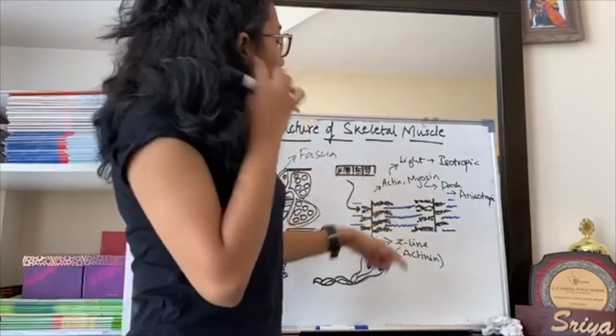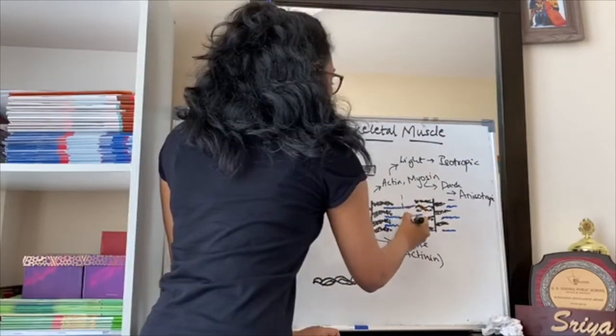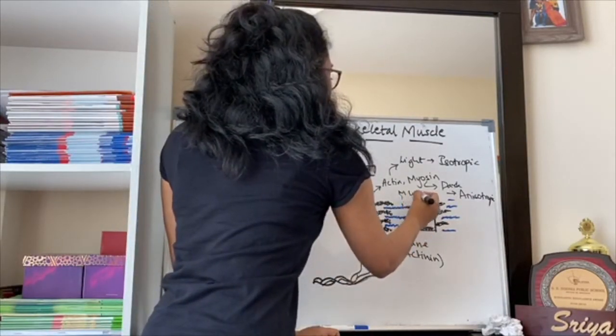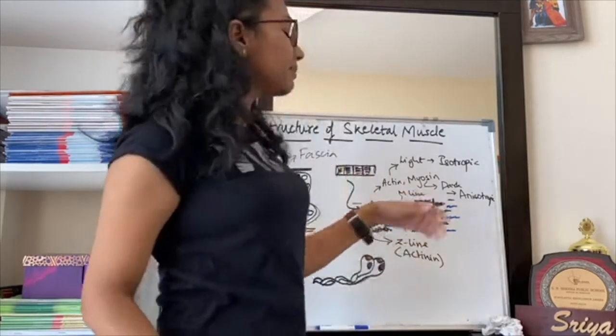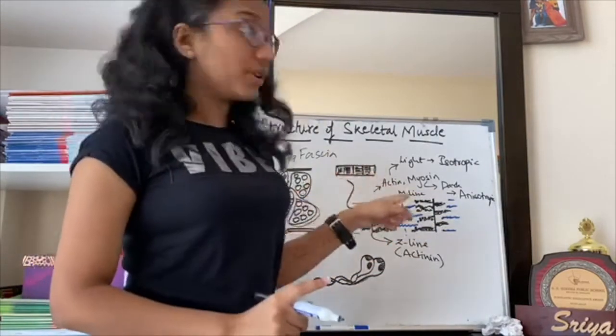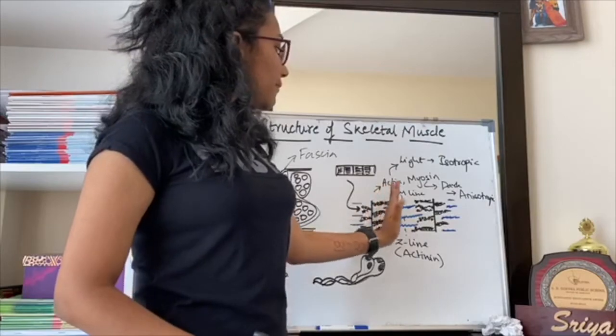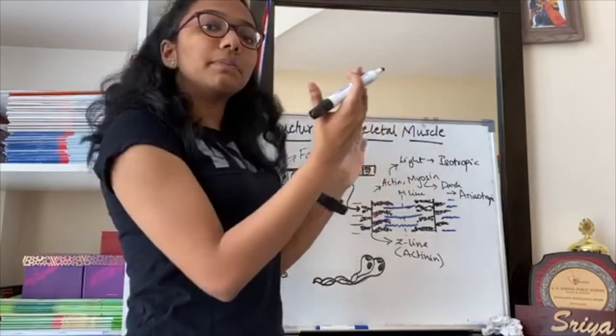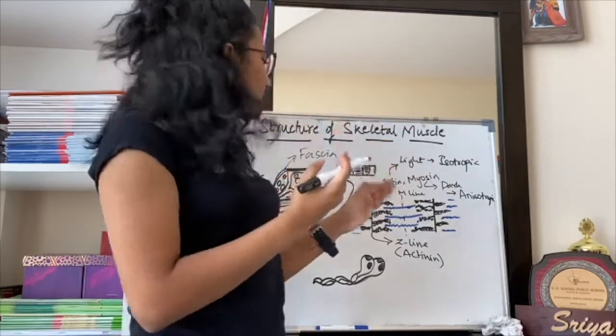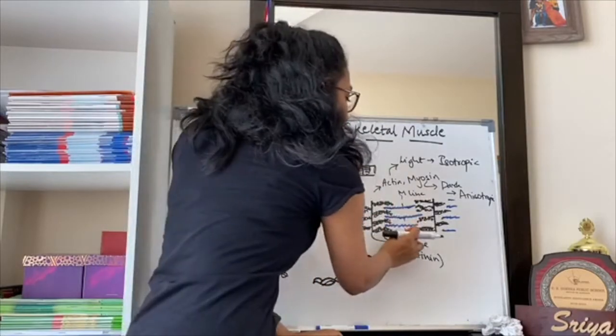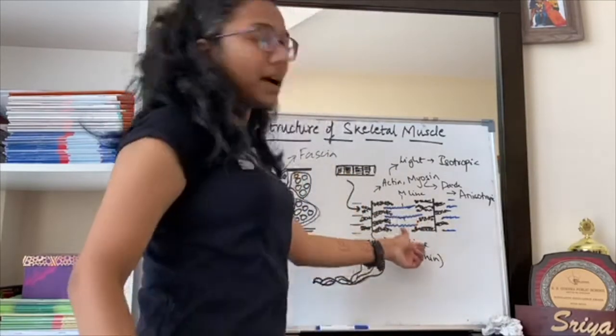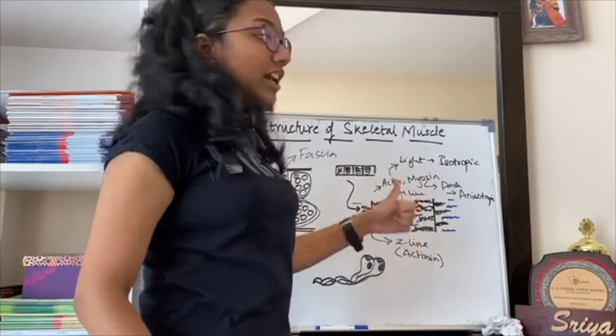The middle of the myosin filament is also known as the M line. Now the thing you have to note here is that actin filaments and myosin filaments don't completely overlap each other. You can see this small space here where there is no actin and only myosin filament, that is, only the dark band is there.